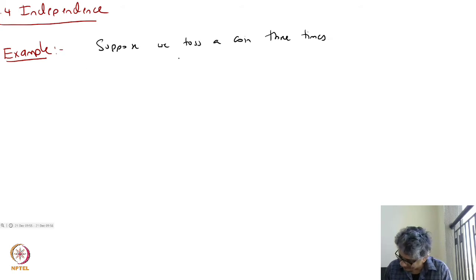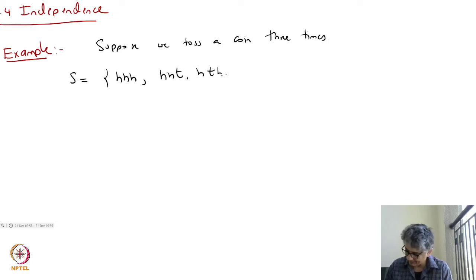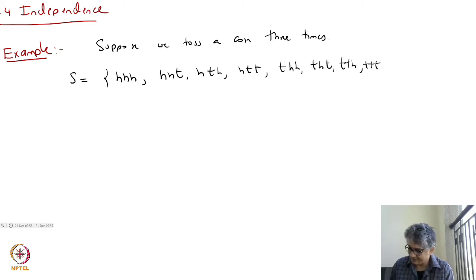Then we know that the sample space S is going to be equal to HHH, HHT, HTH, HTT, THH, THT, TTH, and TTT. That's a sample space for 3 tosses of a coin.